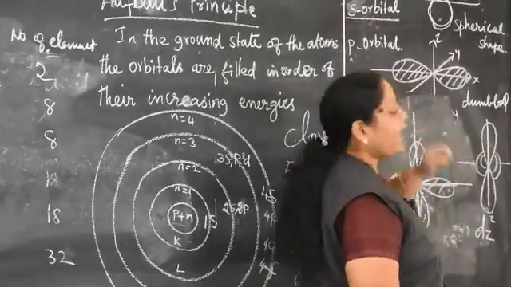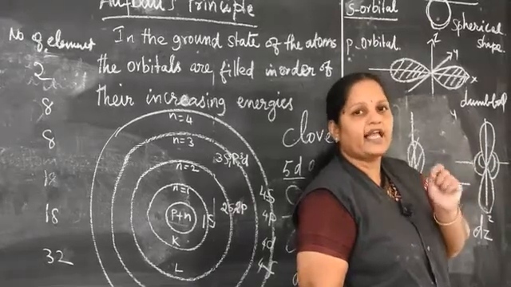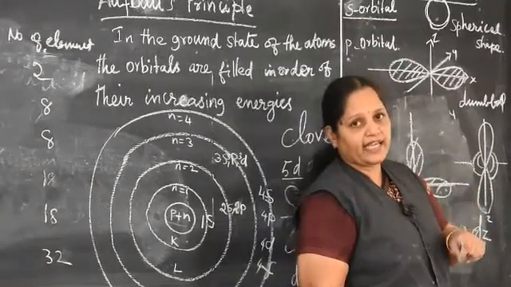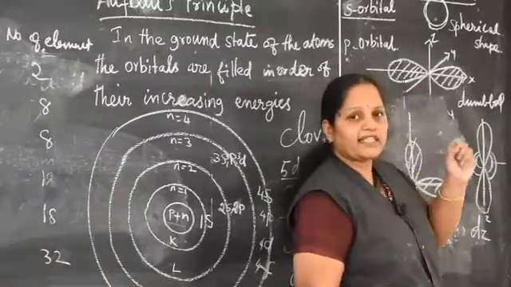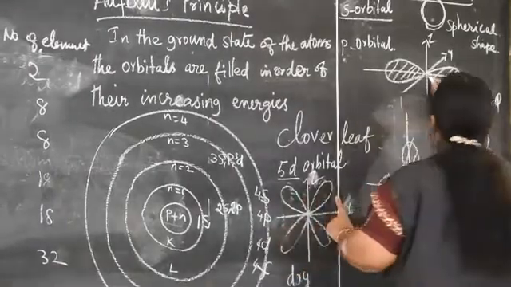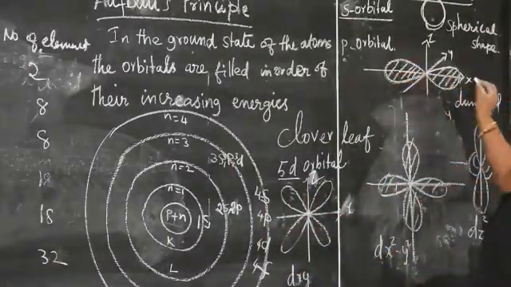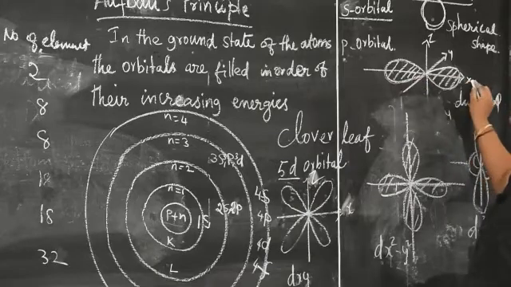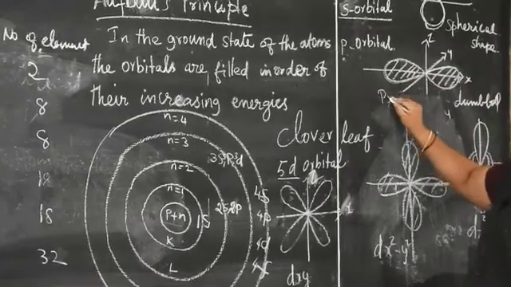These p orbitals are further represented as px, py and pz. Why are they referred to as px, py and pz? Because the probability of finding an electron is maximum along the x-axis, they are referred to as the px orbital.